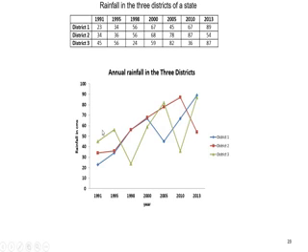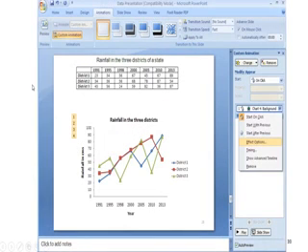Now, how do we do this type of animation in PowerPoint when we draw a graph in Excel? First, suppose we have drawn this same graph in Excel, and then we copy it and paste it here. After doing this, we click the chart, animate the chart background, and then go to effect options.